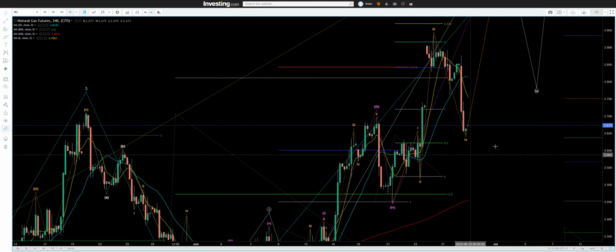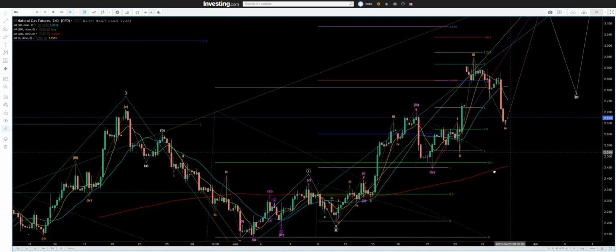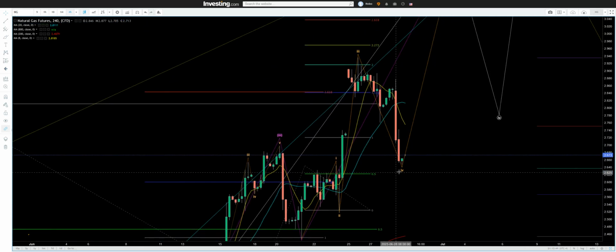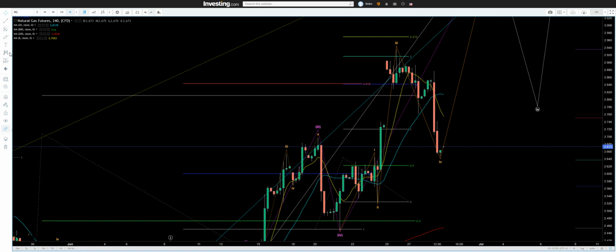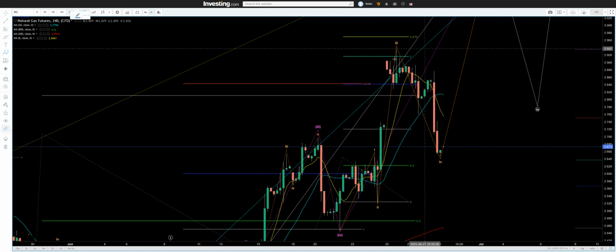Then we've got this really big move down here, which I've called 4. I believe it's over now. So something like this, A, B, C, something like that. I'll quickly mark that one. I don't know why I don't have it, maybe I deleted it.